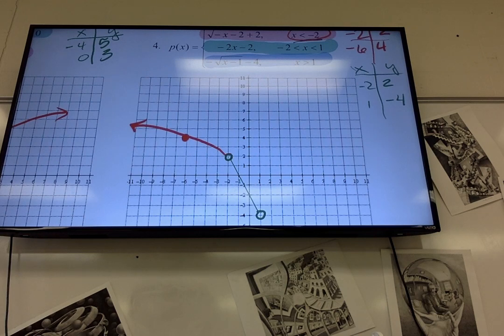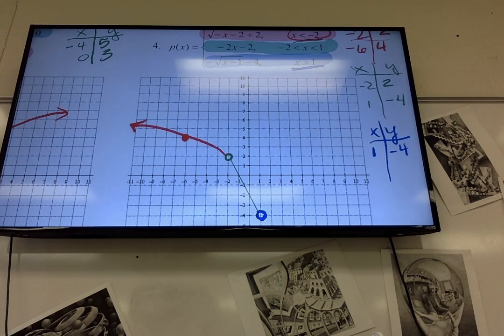I know that -1 inside there is really going to make it go to the right one. And the -4 at the end means that it's going to go down 4. Or I could have just plugged in this number. If I plug in 1, I get -4. Again, notice that's this exact same point.